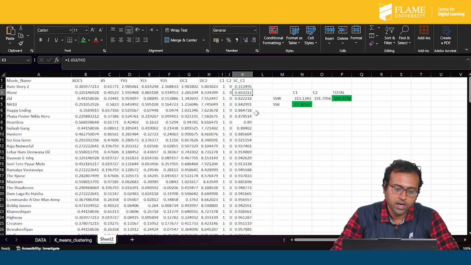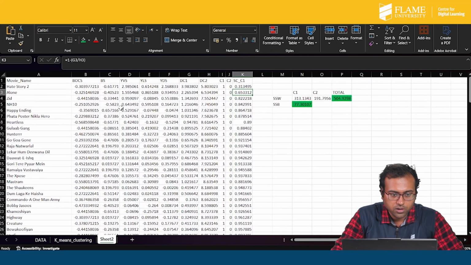Also, once you have identified the particular members of a group, you can do EDA, exploratory data analysis, and apply some mean, mode, median to find out the average characteristics of the members of a particular cluster. So for a particular film, I can understand who is more similar and who is more deviated, based on these mean values or the member values.